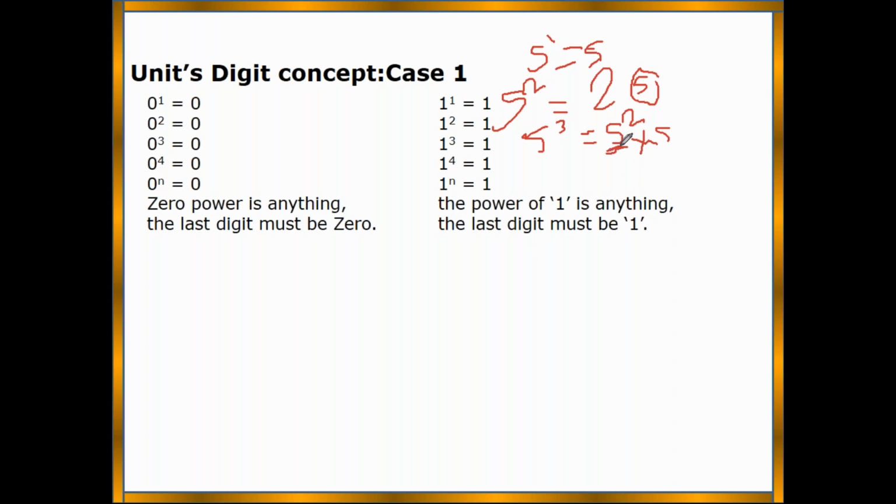Already we know 5 power 2 is ending with 5. So 5 into 5 ends in 5. 25 is not the value of 5 power 3, but 5 power 3 is also ending with 5 only.